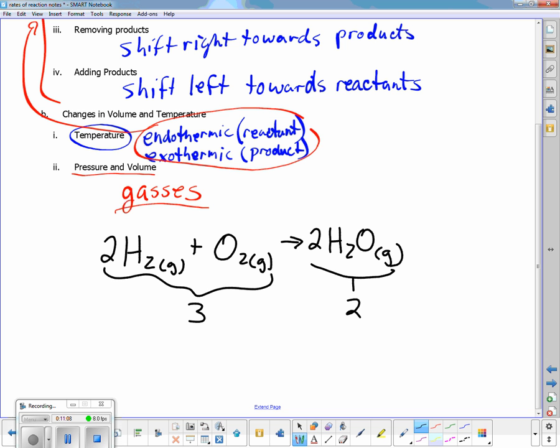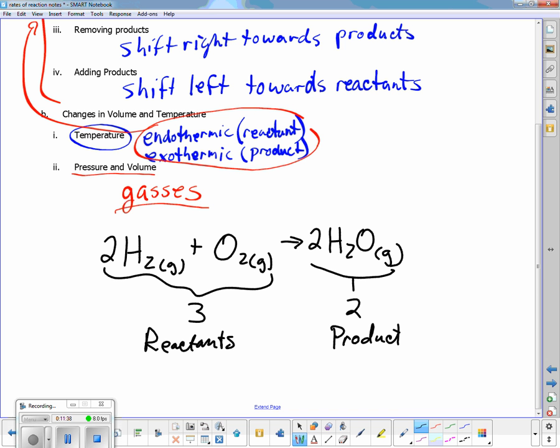I'm going to ask you a question. You tell me what side it's going to go. Remember, this is the reactants, and this is the products. I have just decreased the volume. Which way is it going to go? Show me with your fingers so I know everybody's participating.